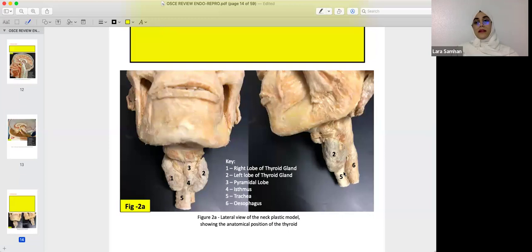Those tracheal rings are basically circular in shape. Why are they not complete circles? They are instead like half circles because behind the trachea, we immediately have the esophagus, and in the esophagus we have the food passing all the way. If the trachea had a complete circle and we have a large bolus of food, the food wouldn't be able to compensate and move easily through its passage in the esophagus.